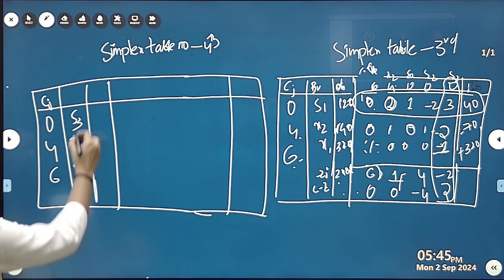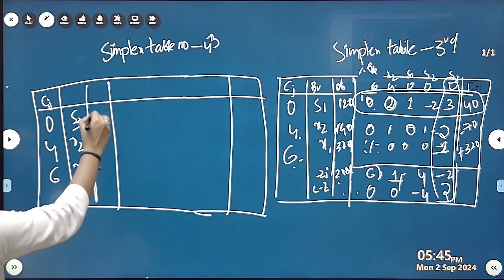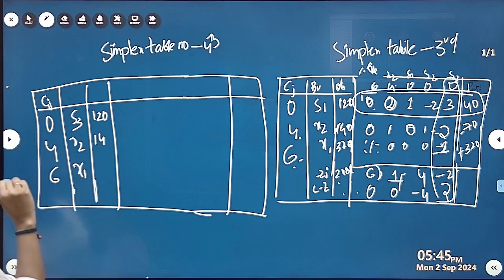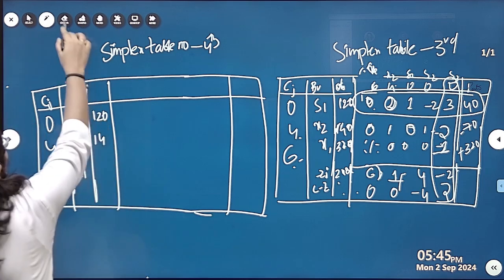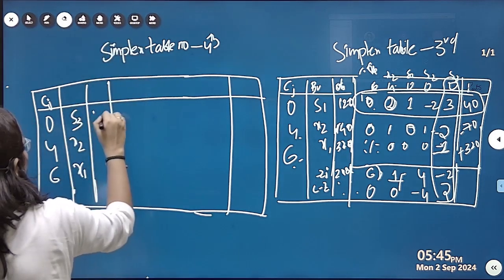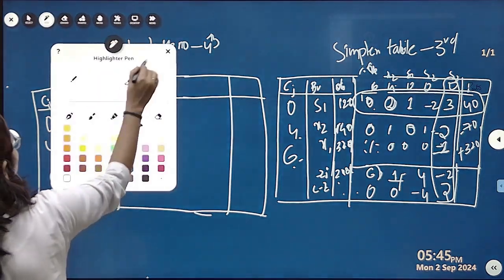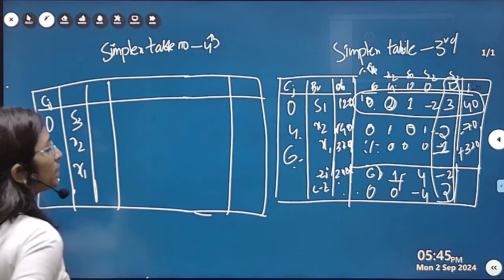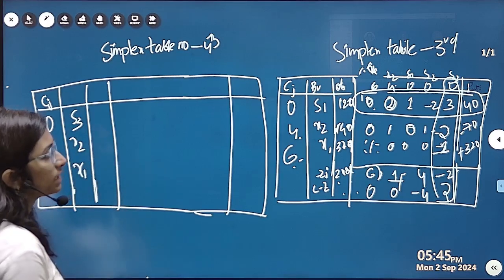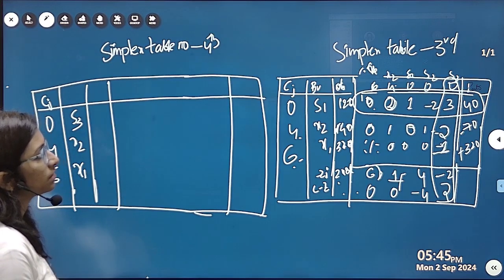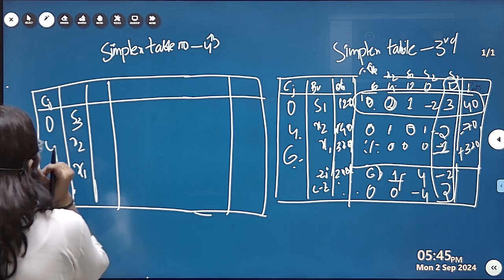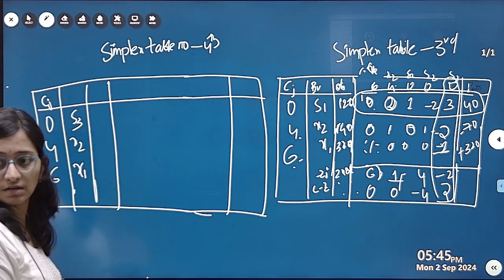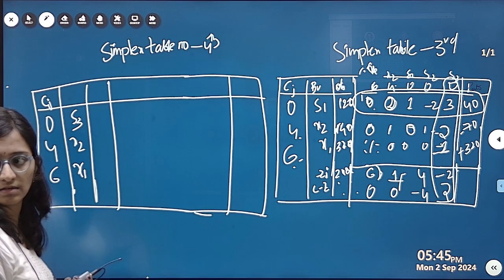Next, tell me quantity, how much? 120, 140. Achha, sorry, we need to do this, right? Now tell me the value of S1 divided by what key number? What is the key number? 3. So multiplied, right? Divide.